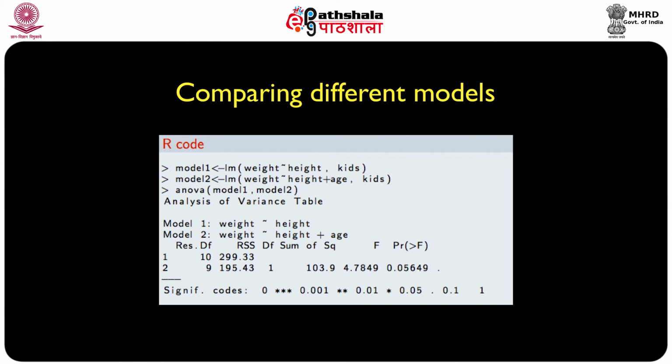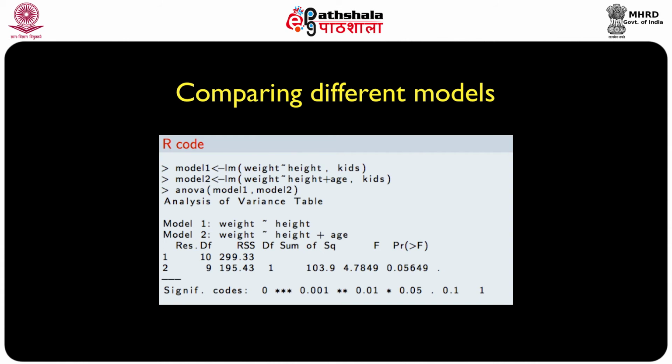We will first fit the two models using the LM function in R. The first of which is the model using only height as the predictor variable, and the second is where height and age are both used as predictor variables. And then using ANOVA function on model 1 and model 2, we can compare the two models.